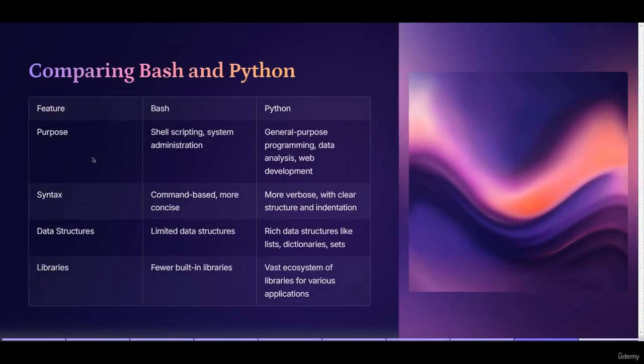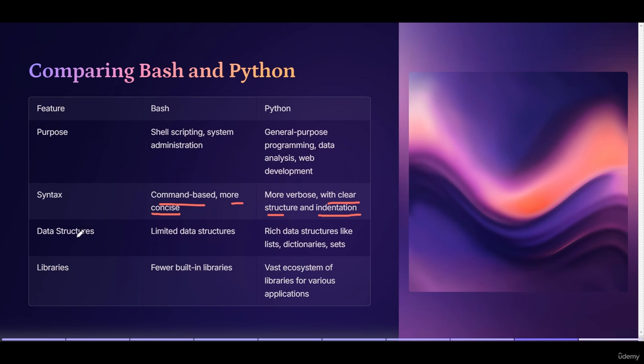Now let's compare Bash and Python for different purposes, syntax, data structures, and libraries. So the purpose of Bash is shell scripting, system administration, and it is widely used in Linux. Then we have Python, which is a general purpose programming language used for data analysis, web development. Then we have the syntax. Bash is command based and more concise, but Python has clear structure and indentation.